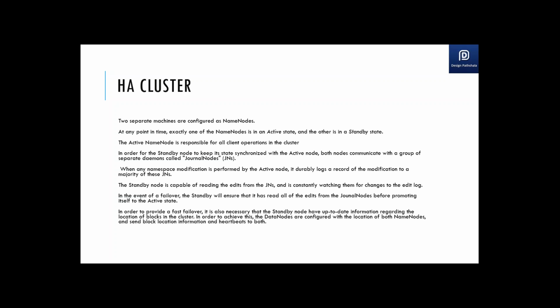That's how the standby node is always in a state equivalent to the name node. When the name node goes down, the write permission on the journal nodes is given to the standby node, and read permission is given to the old name node. So basically vice versa happens, and the old active node will not be able to write to those journal nodes.